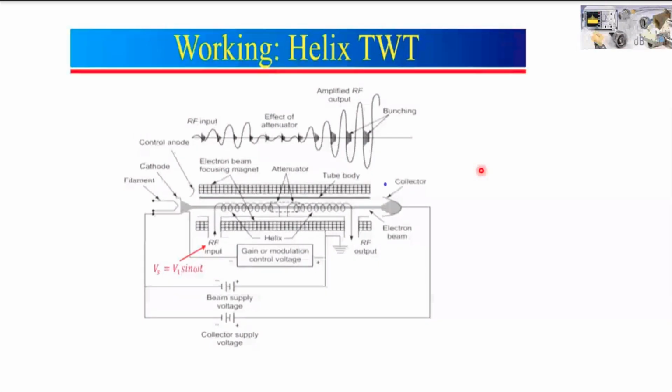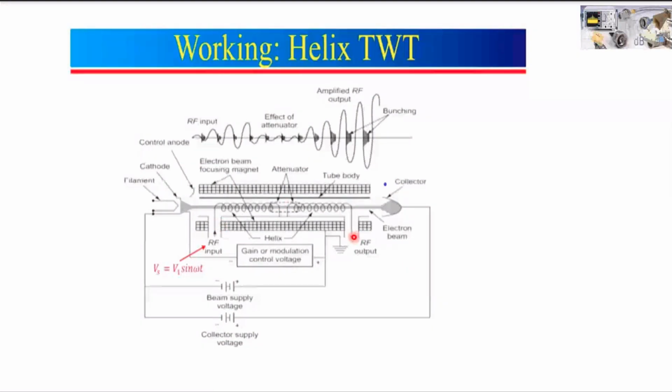From the cathode, the electrons are injected in the tube, and at the collector, the electrons are collected after traveling through the tube. In the RF interaction region, which you can see here, there is a helix structure. At this point of the helix, our RF input is provided.